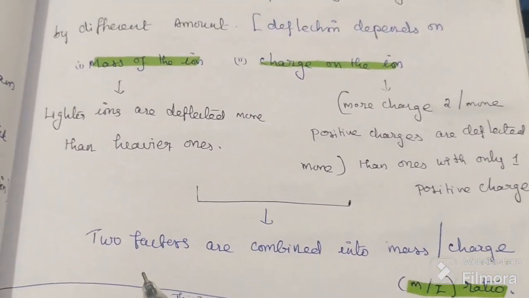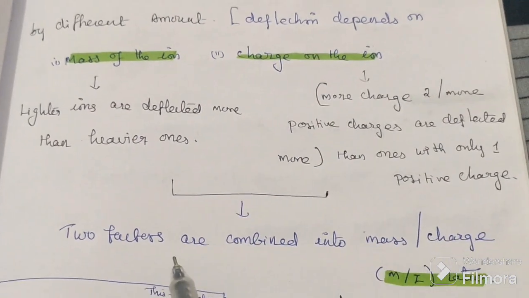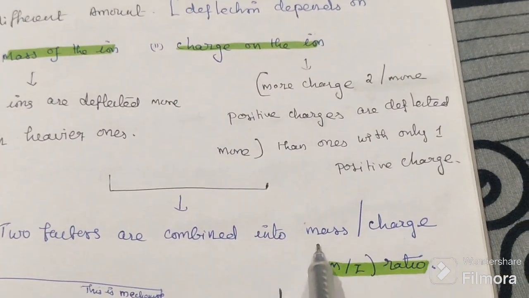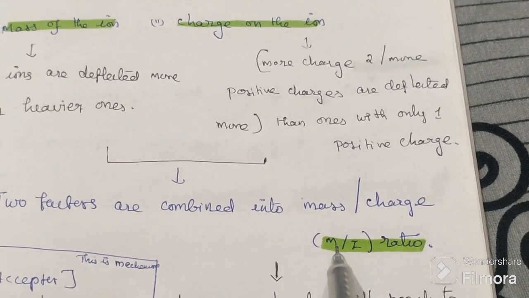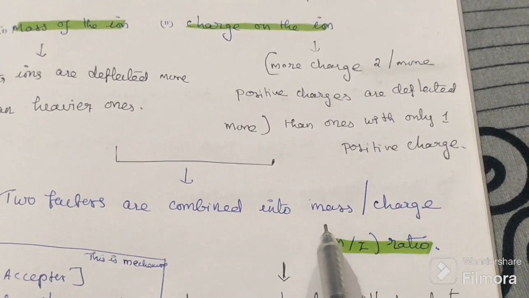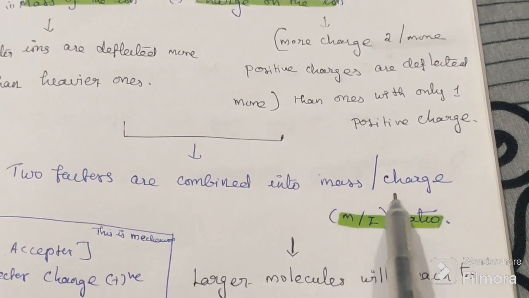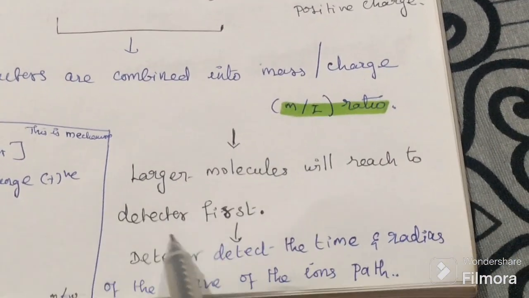These two factors are combined into the mass to charge ratio, m by z.